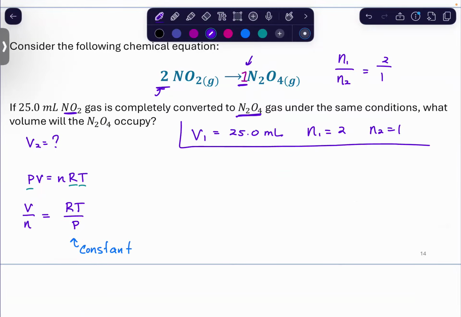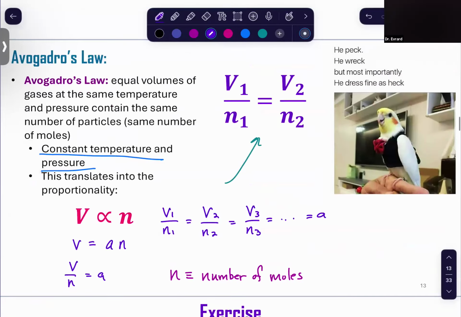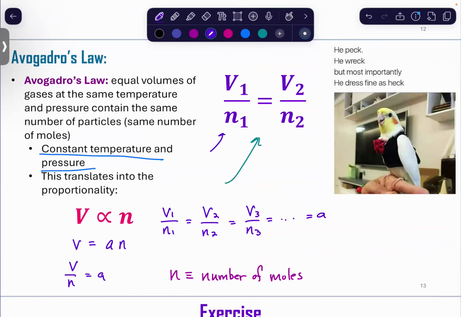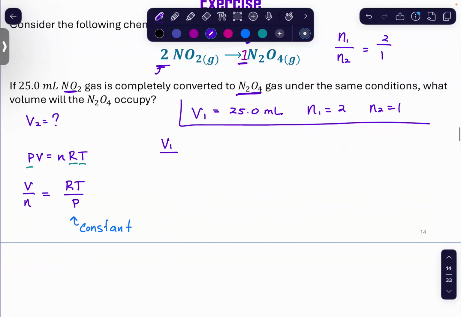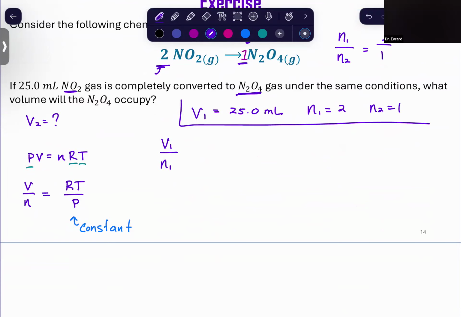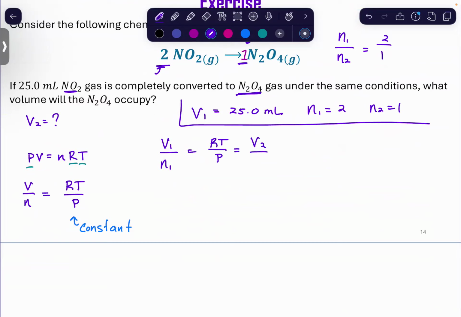So that means now, once again, if we didn't have our expression from up here, we started with the idea of gas law, and we say, well, situation one, volume one over number of moles one is going to equal RT over P. But that's also going to equal volume two over number of moles two, which means that volume one over N1 equals volume two over N2.